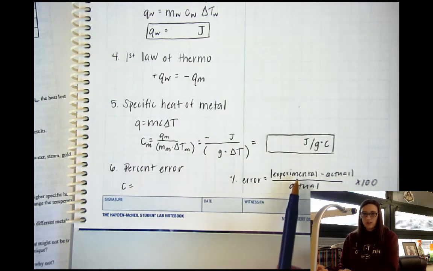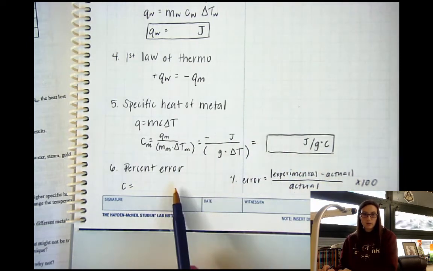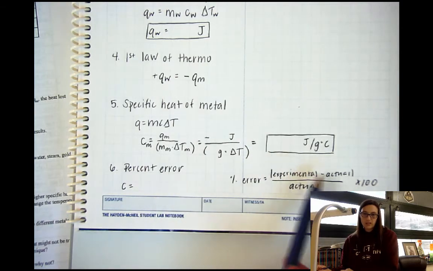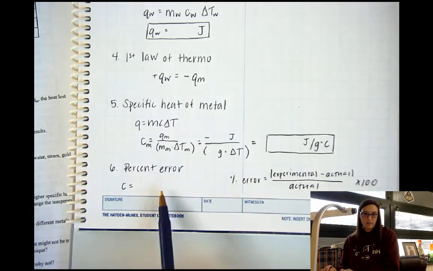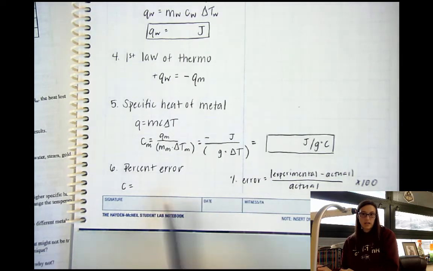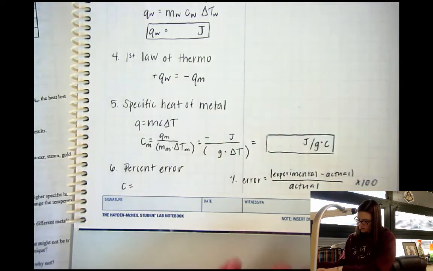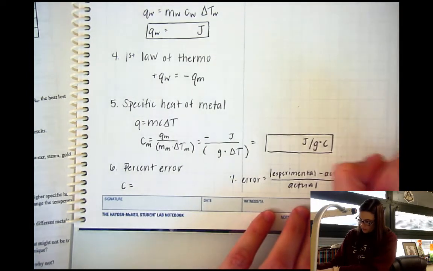So take what you calculated in 5, subtract what it was supposed to be. Make sure that's a positive number. Percent error is always positive. Take that number, divide by what it's actually supposed to be, and then multiply by 100. So that will give you your percent error.